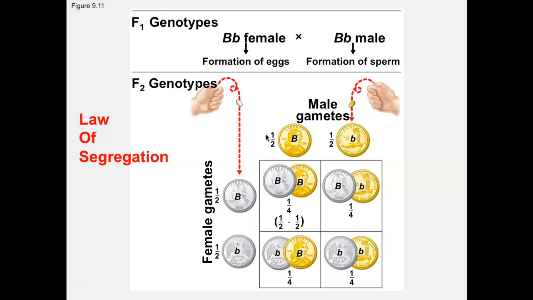You have these homologous chromosomes. Those homologs separate during meiosis. So the law of segregation basically just states that the two alleles that you have separate from each other, okay, in the process of being inherited or passed on to the next generation. But you know this because of meiosis.